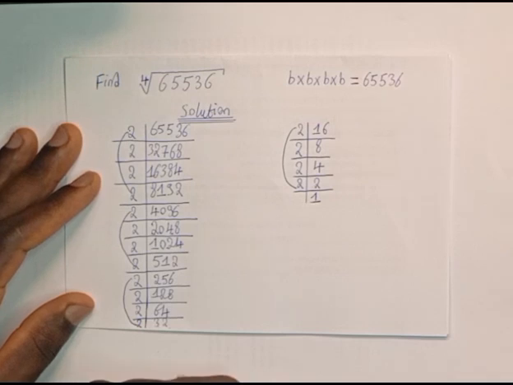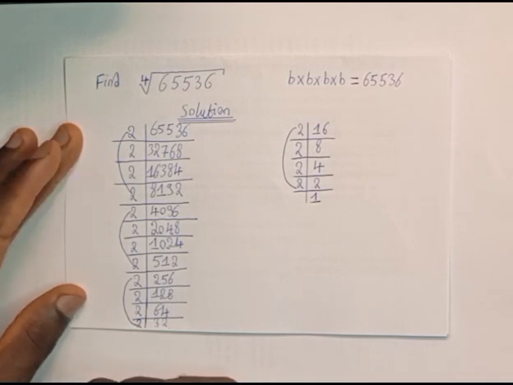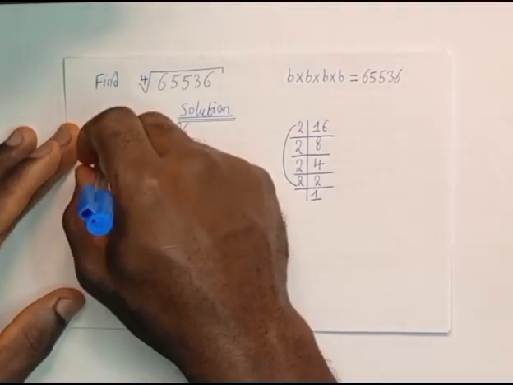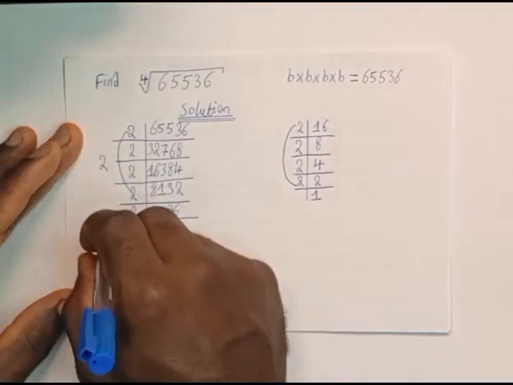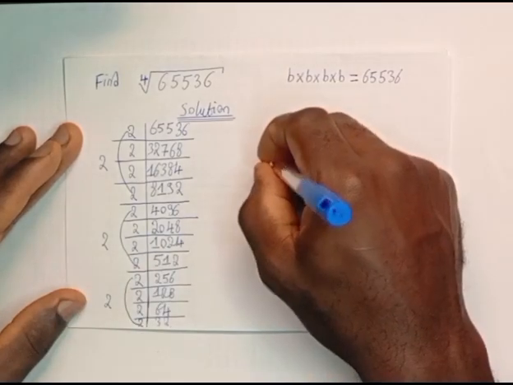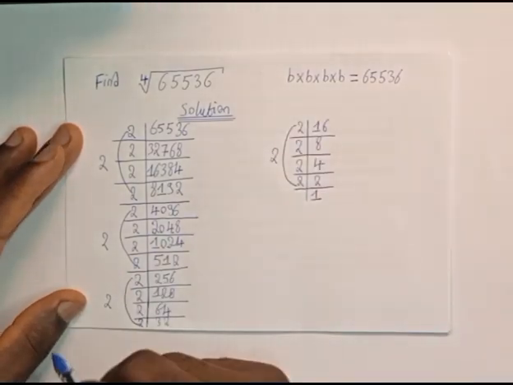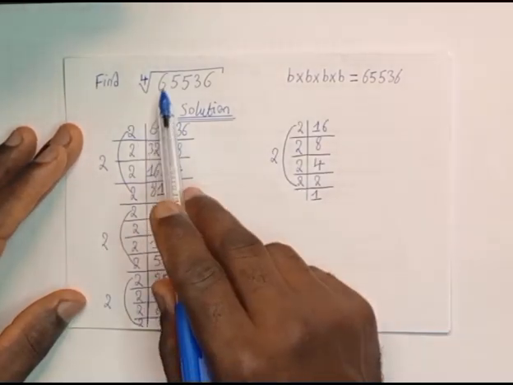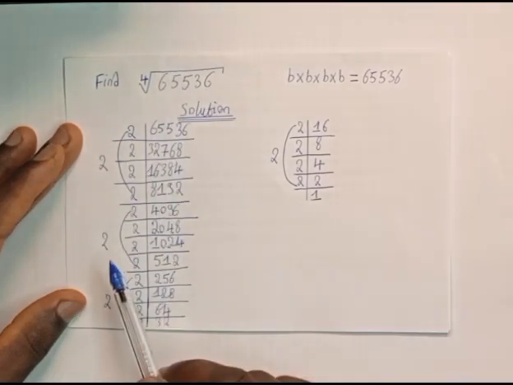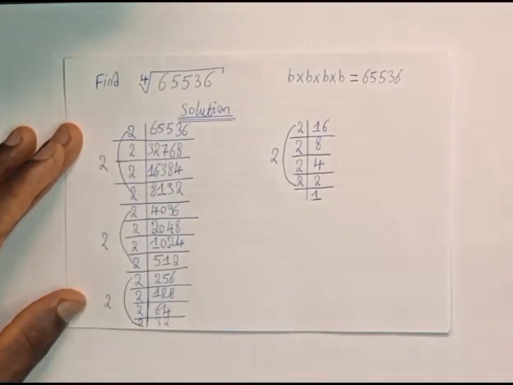Now from each of the groups of 2, we are going to extract a 2, which is common. For the first group, we extract 2. The second group, we extract 2. The third group, we extract 2. And the fourth group, we extract 2. For us to get the fourth root of the number 65,536, we are going to multiply the 2's which have been extracted from the 4 groups.